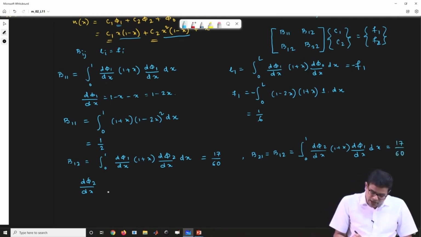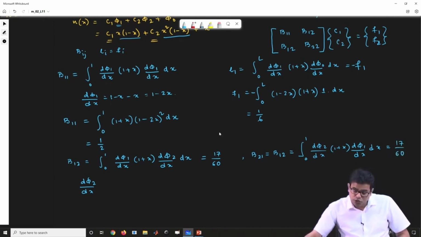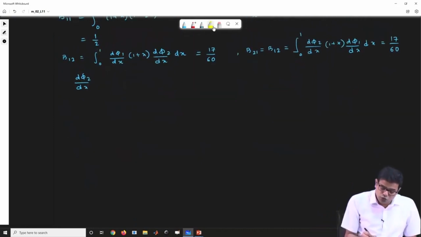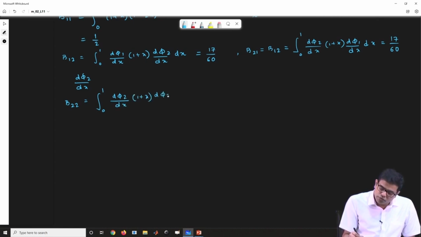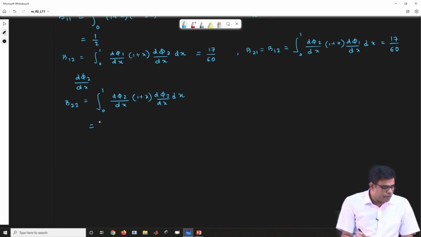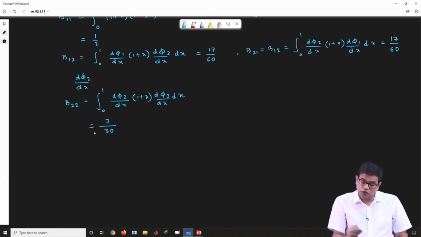Similarly I can find out b22. B22 is the integral 0 to 1 of d phi 2 by dx into 1 plus x into d phi 2 by dx into dx. This will lead to 7 by 30. You can check whether this is correct or not.